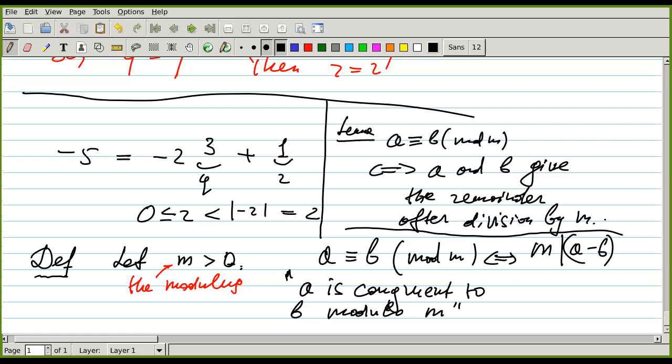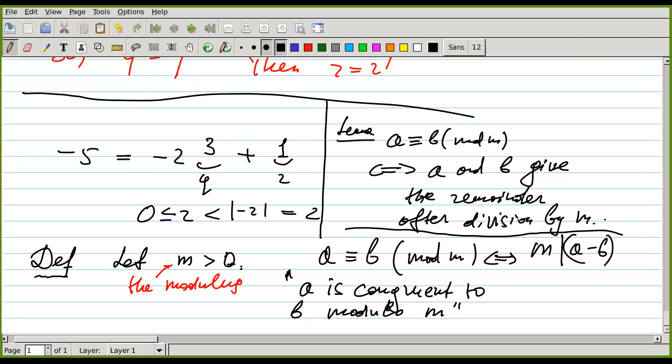But by definition, two numbers A and B are congruent modulo M if and only if their difference is divisible by M. In some situations, this definition is more convenient.